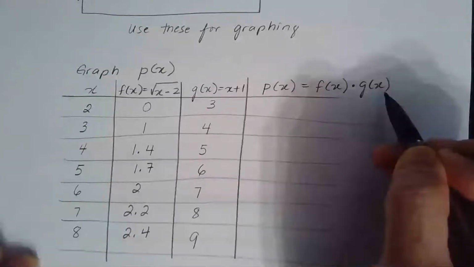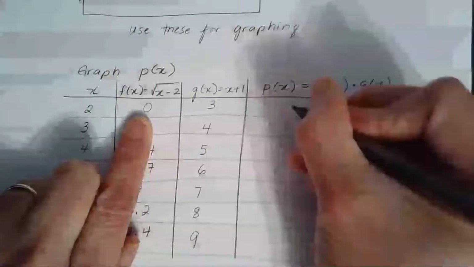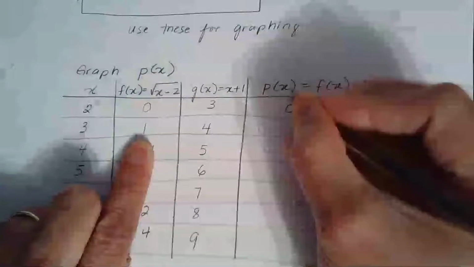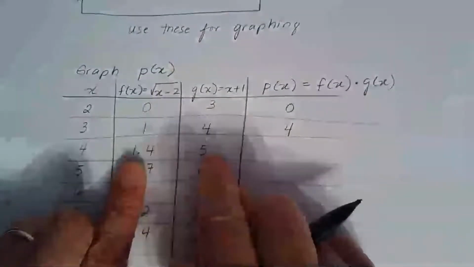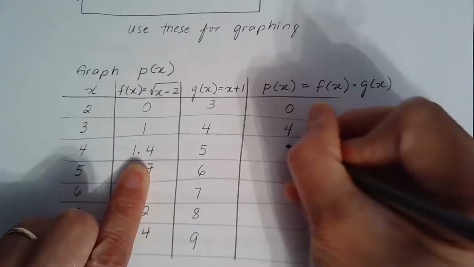I'm going to draw myself a line in here. So this time, p of x is equal to f of x times g of x. 0 times 3 is 0. 1 times 4 is 4. 1.4 times 5 is approximately 7.